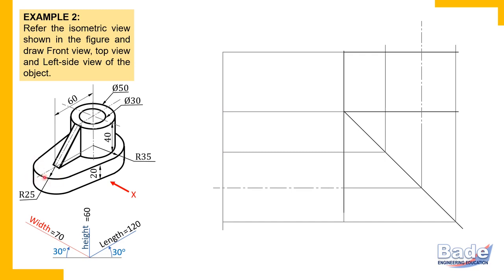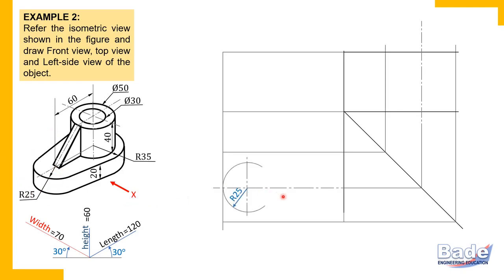Now this is a curved edge. It has radius 25 and its center is on the axis of symmetry. So on the axis of symmetry, this is the left end, this is the right end. From the left end, measure 25. Draw a center line, establish the center. So this is how we have located the center for this curved edge, and it has radius 25.